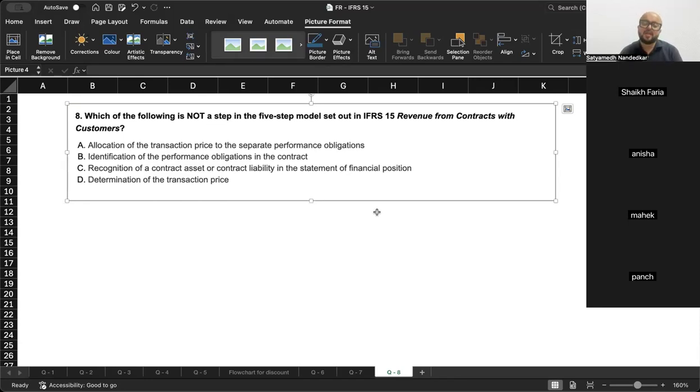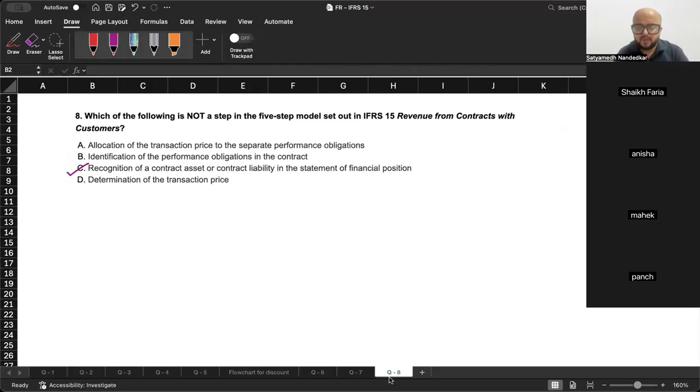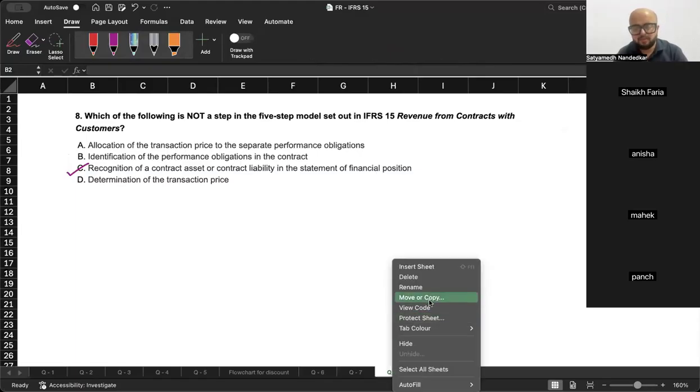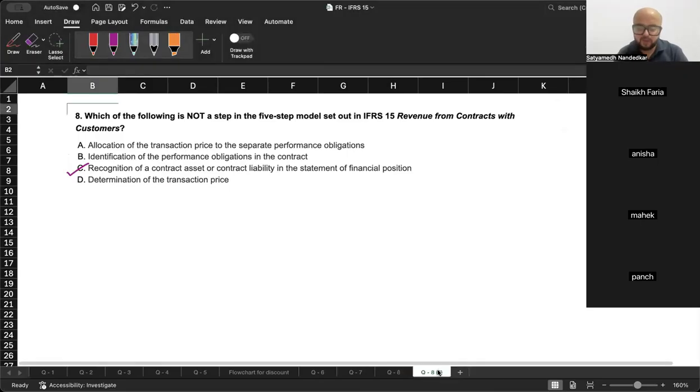Allocation of the transaction price to the separate performance obligation, identification of the performance obligations in the contract, recognition of a contract asset or contract liability in the statement of financial position, determination of transaction price. Very clearly the answer is option C. ऐसा कोई स्टेप हमने नहीं देखा है आज तक, है ना? Yes, sir. ये तो एकदम ही चाइल्डिश क्वेश्चन था. अगर ऐसा क्वेश्चन आया पेपर में तो यार स्कोर और ऊपर जाना चाहिए.